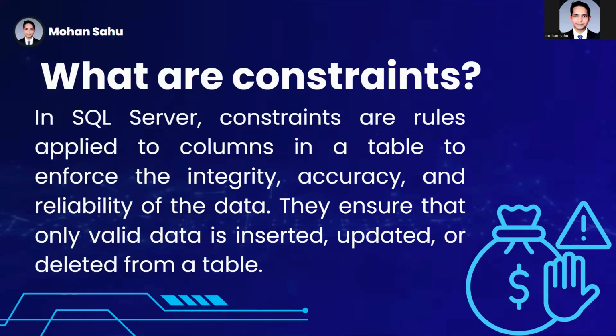Or they will prevent you from inserting something. By the definition, they are rules applied to the columns of a table to enforce the integrity, accuracy, and reliability of the data. They ensure that only valid data is inserted, updated, or deleted from a table.